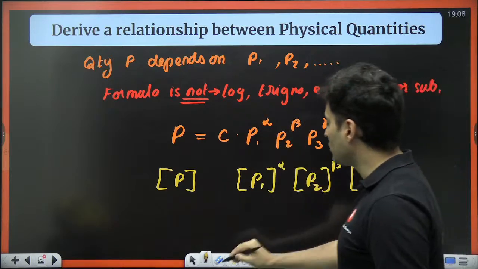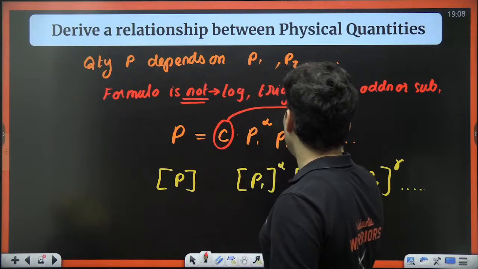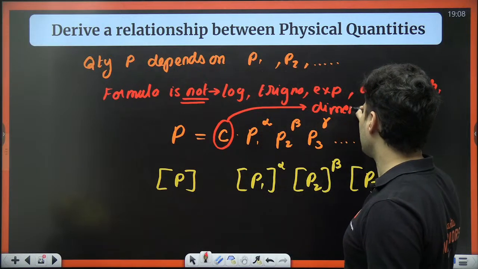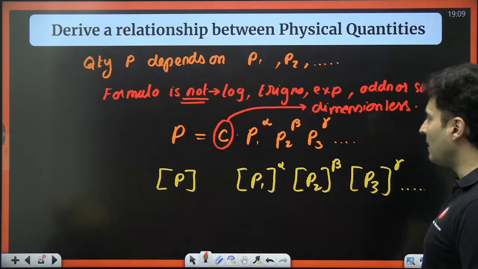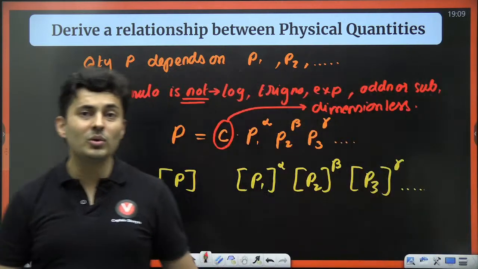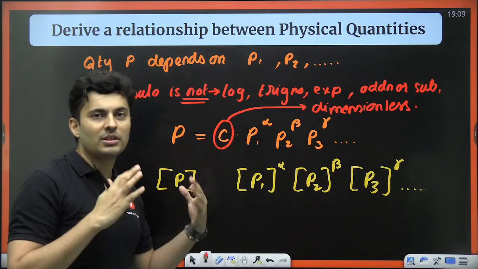This is also assuming this constant is dimensionless. Otherwise, you need to know that also. Only then you can use this method. Otherwise, you are forced to derive it using physics.